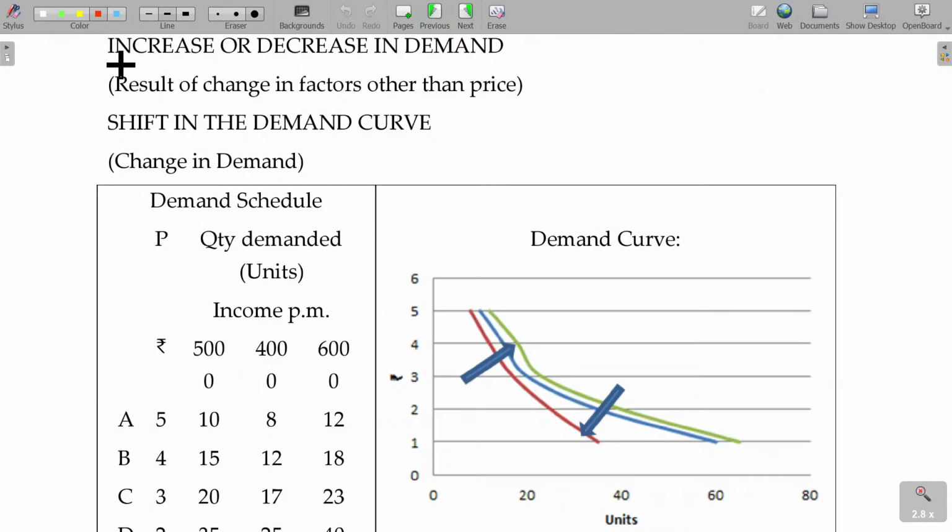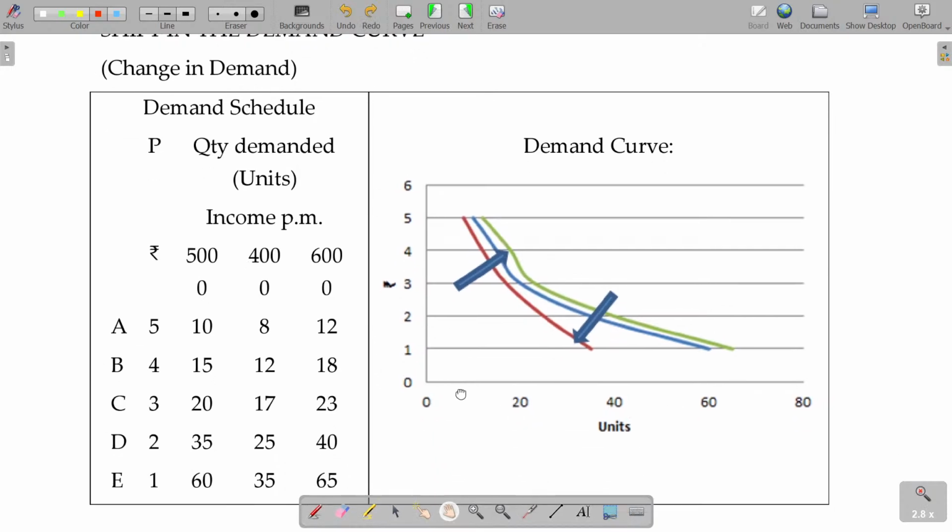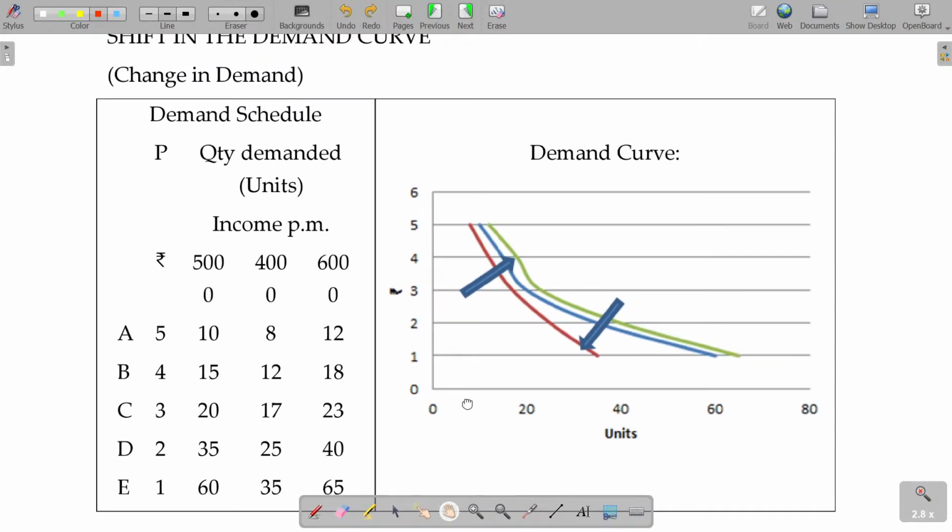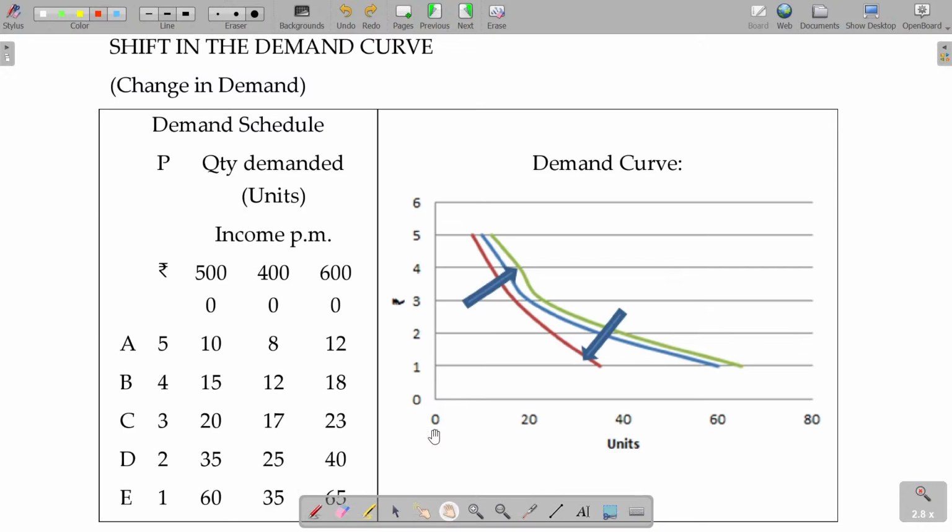We will now deal with increase or decrease in demand. See, let's have a look at this one.